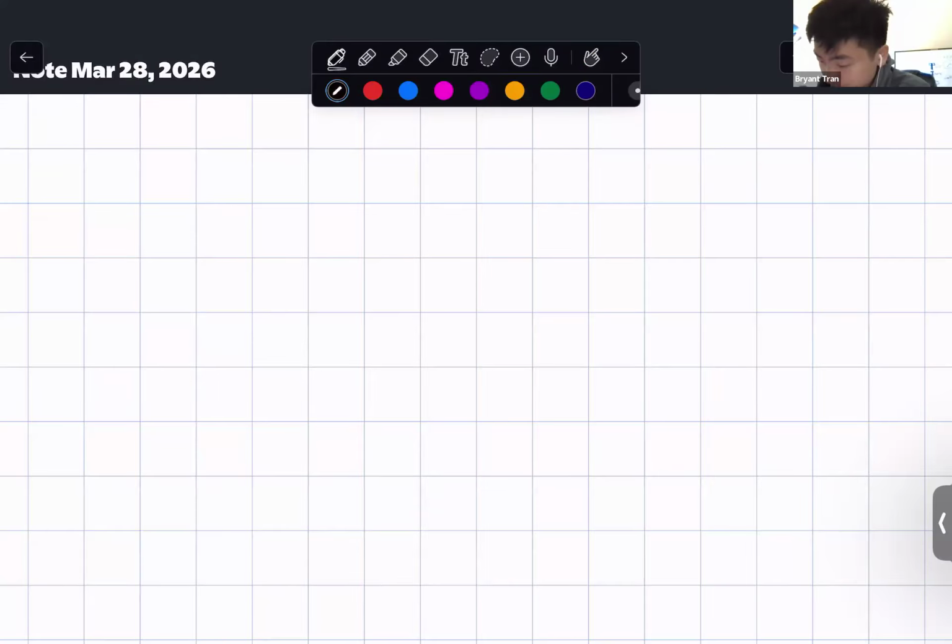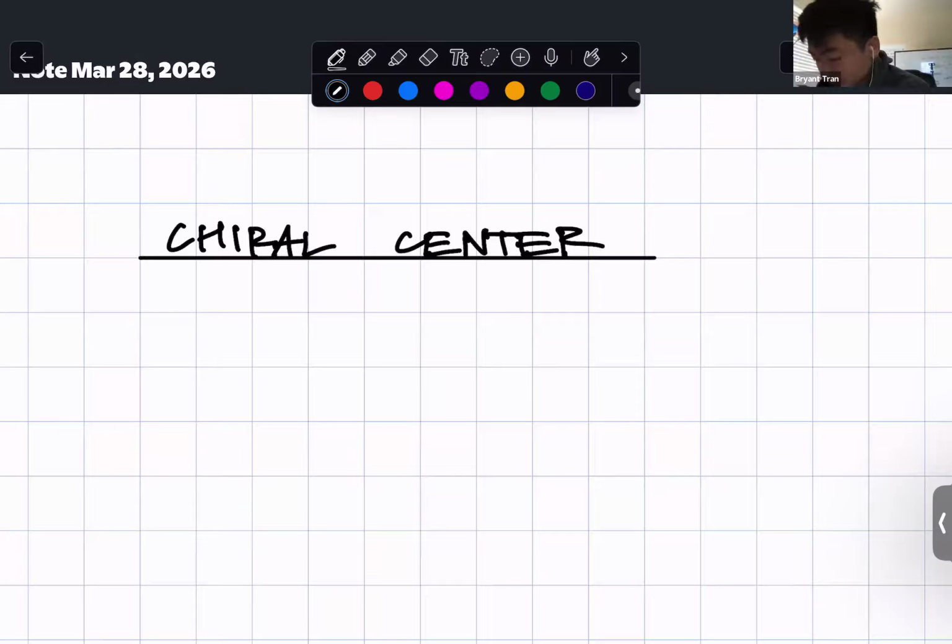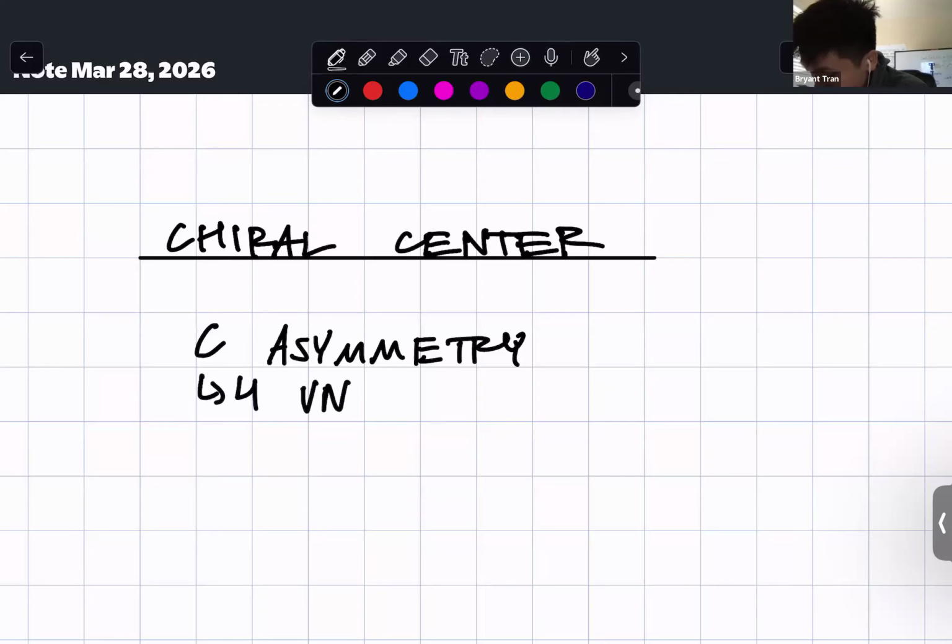Do you know what a chiral center is? Yes, I think it's when a carbon is asymmetric. Yep, the carbon is asymmetric, meaning that it is going to be attached to four different groups, so four unique groups.